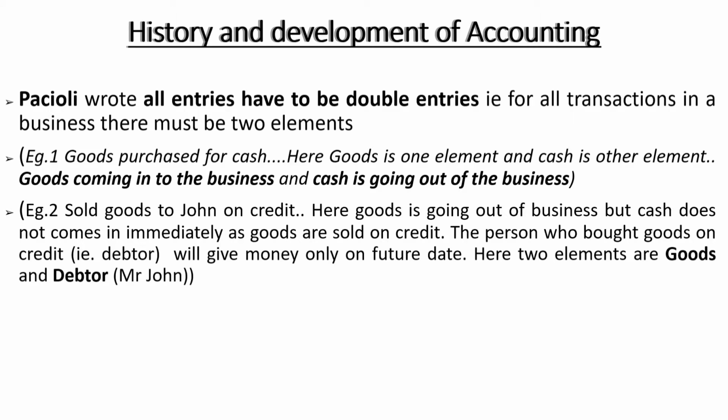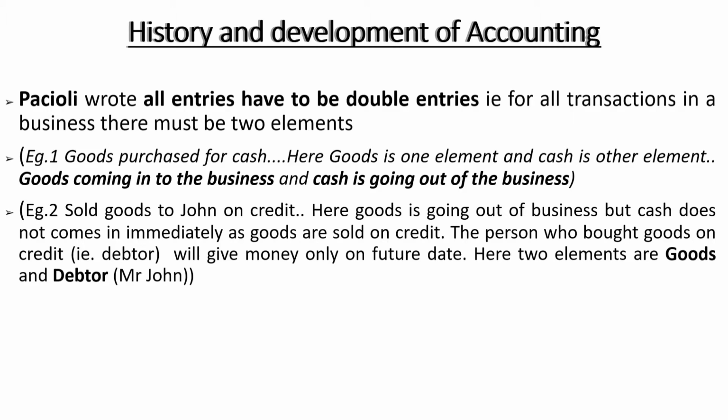It will be received after 30 days or 45 days or something like that. The person who bought goods on credit from us is known as a debtor. He will give money only on a future date. Here the two elements are goods and debtor.